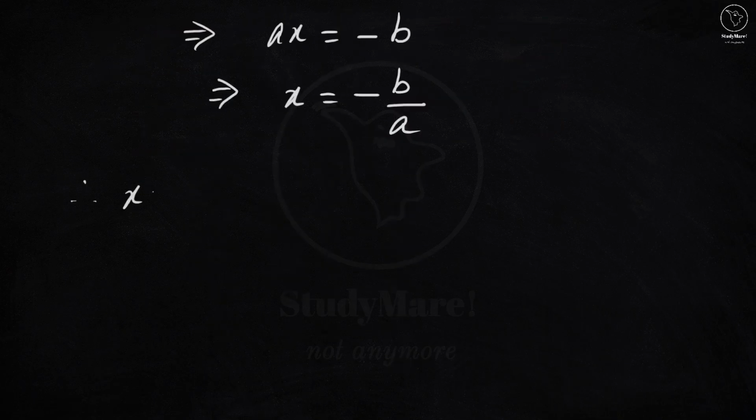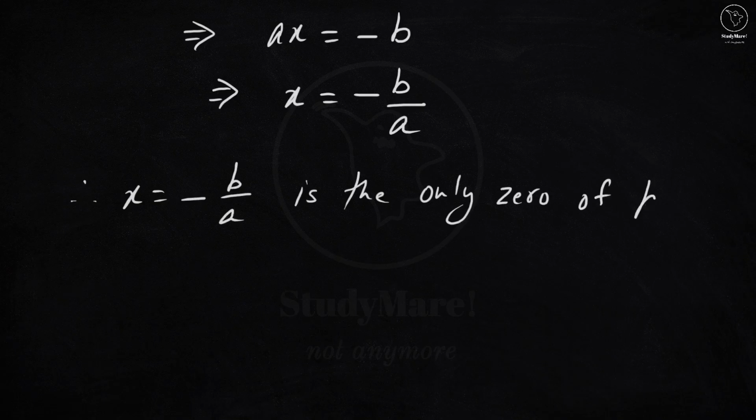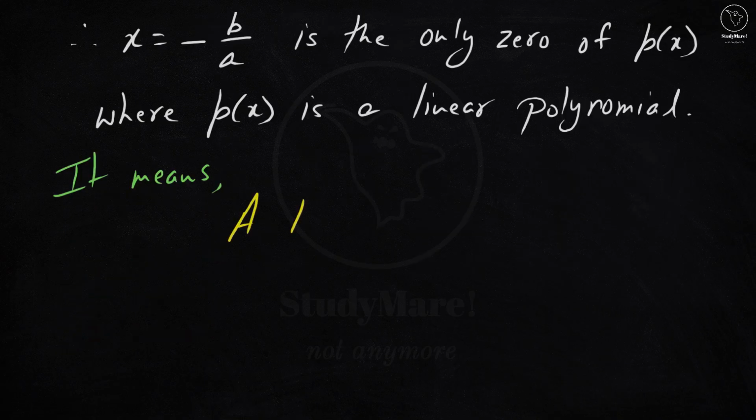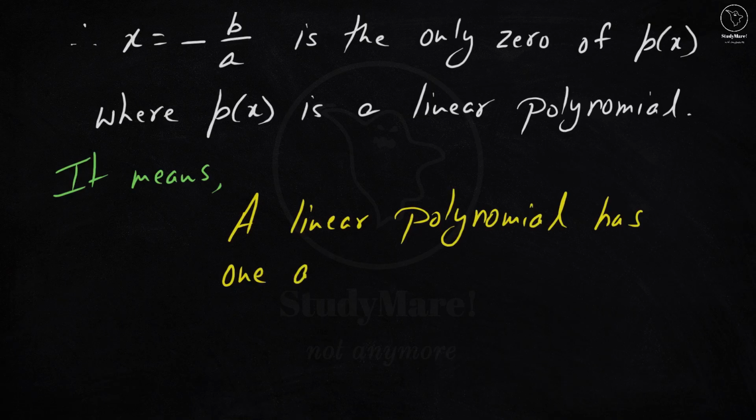Therefore, x is equal to minus b by a is the only 0 of P(x), where P(x) is a linear polynomial. It means a linear polynomial has one and only one zero or root.